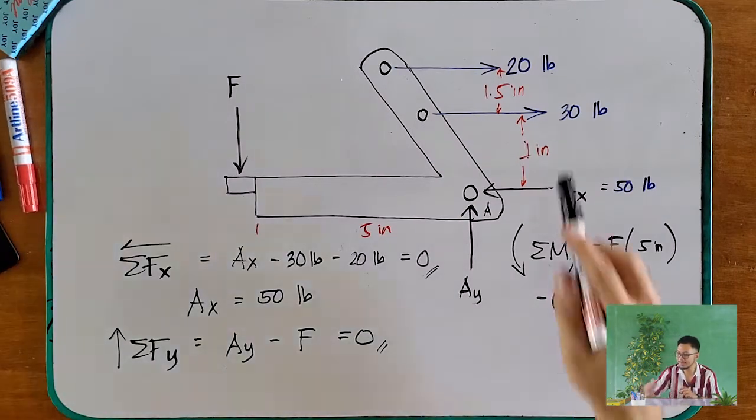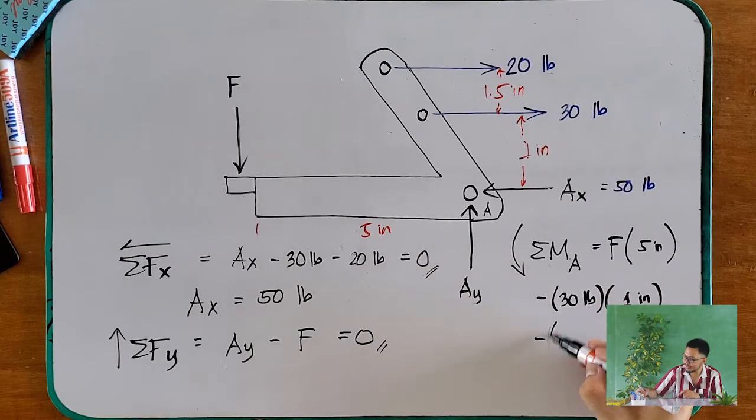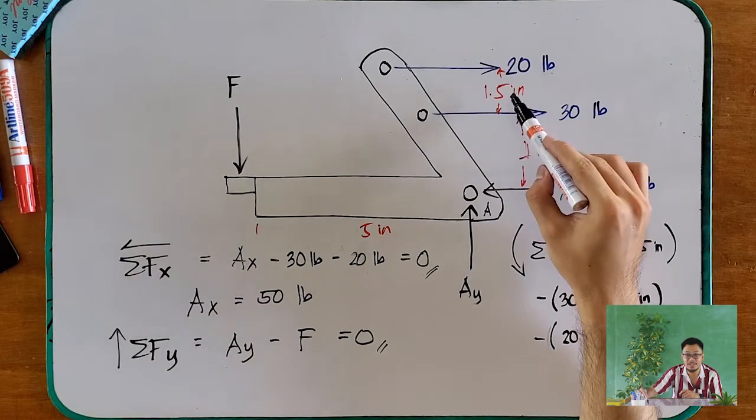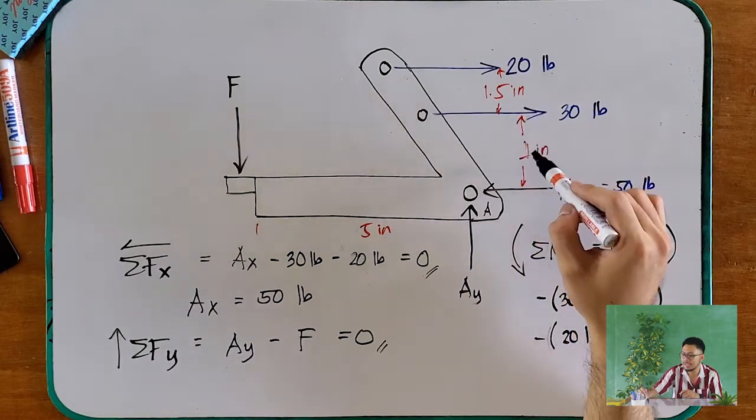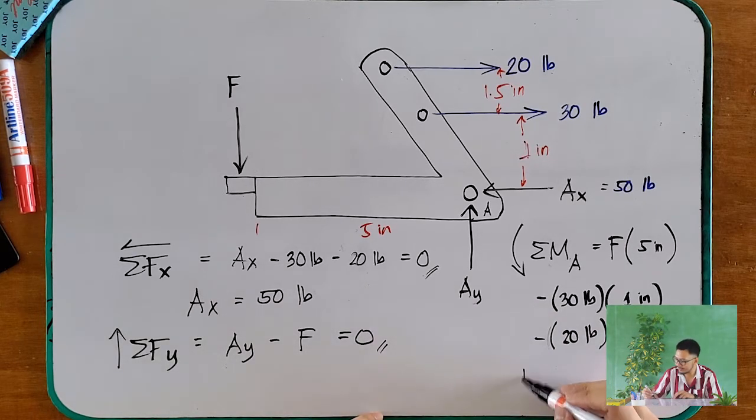Okay. 30 pounds times 1 inch. Negative 20 pounds times 1.5 inch ibutang? No. Ang ibutang kay 1.5 plus 1, so, 2.5 inches. Equals to 0. So, with this one, you can solve for F.